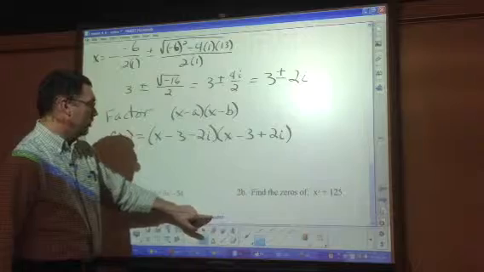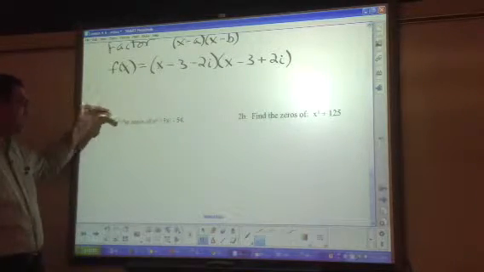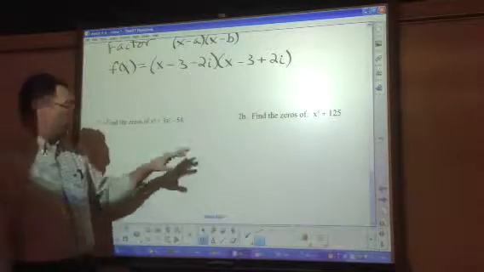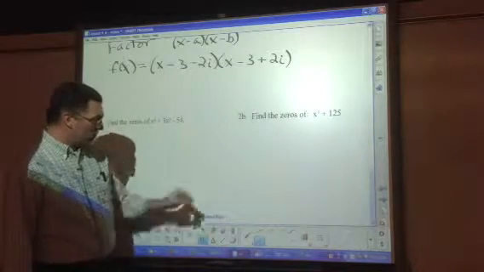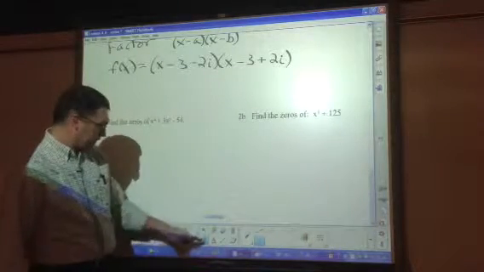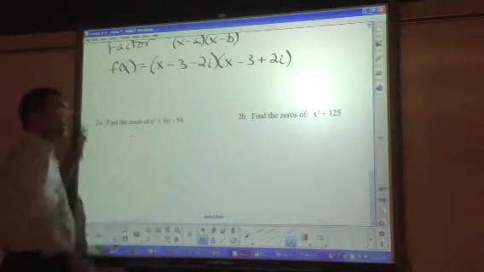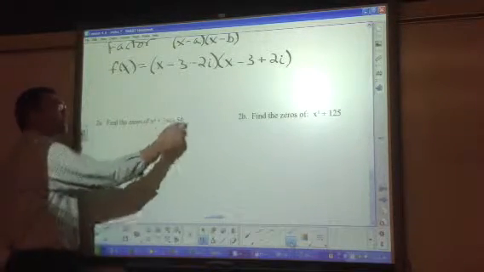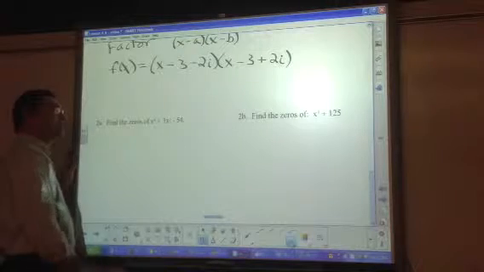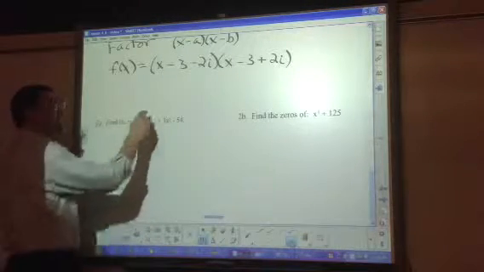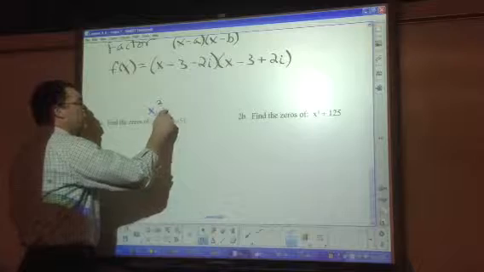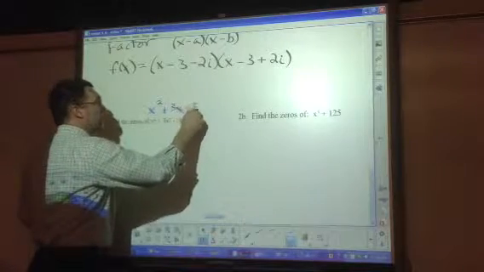And I'm going to go ahead and do one more. I'm going to do this one that I've identified as 2a, and then you can do 2b on your own if you want to. Okay, so here we have a 4th degree polynomial, but there are only 3 terms. So I'm actually going to factor this just like if it said x squared plus 3x minus 54.